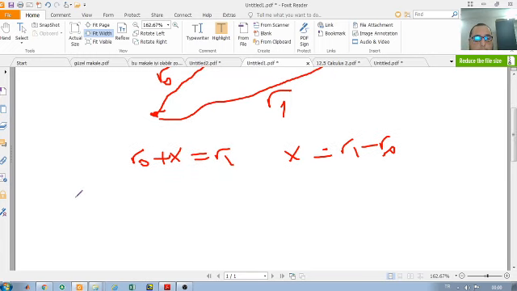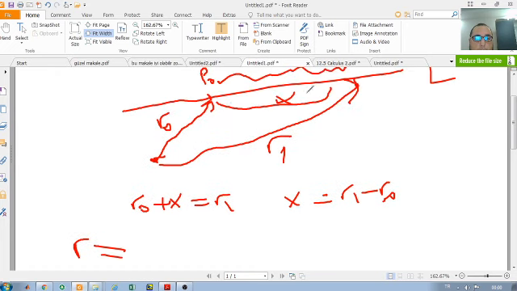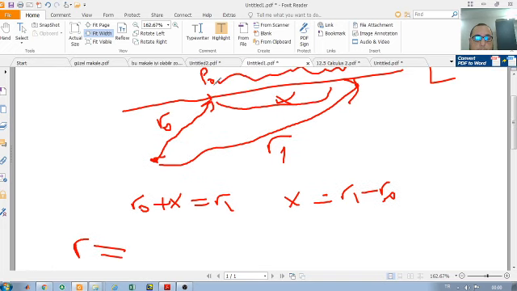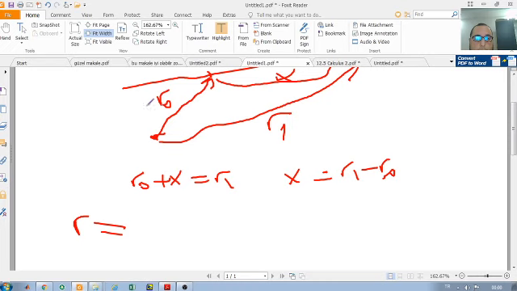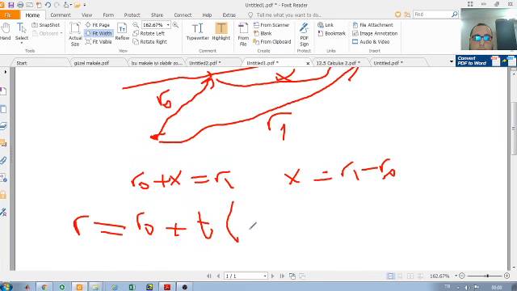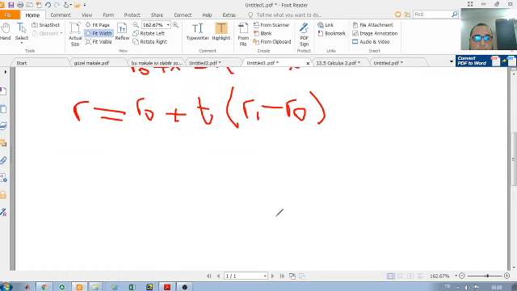So from the general formula, a general equation for the line segment is r equal to the given point P0, and namely we write its position vector since we use the vector equation, plus t times the direction vector, which is the vector x for the line segment from P0 to P1, namely r1 minus r0.